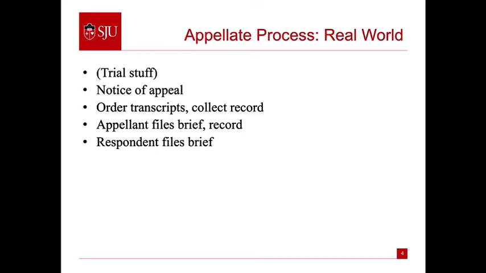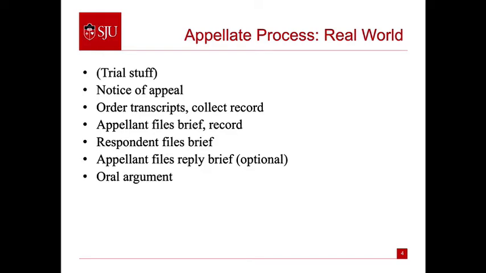The other side, the respondent, typically the party that won at the trial court level, files its brief. And then the appellant gets to file a reply brief. This is optional, but most appellants will file a reply brief in which they respond to the arguments in the respondent's brief. The case is then set a few weeks later for oral argument before a panel of judges.